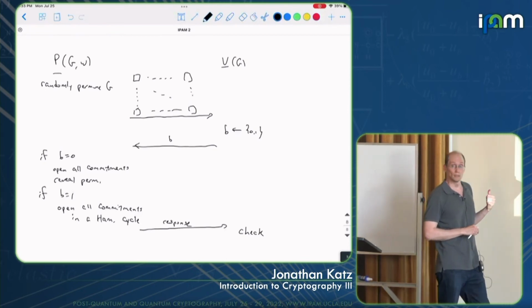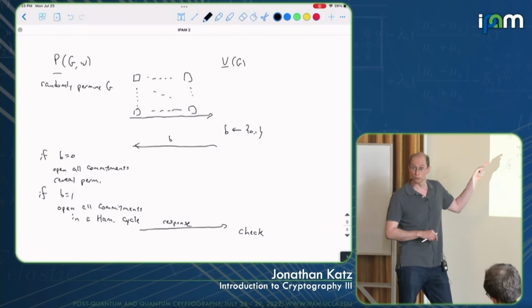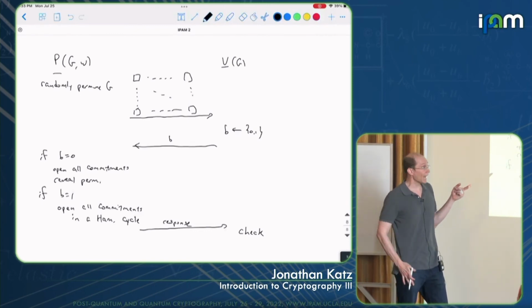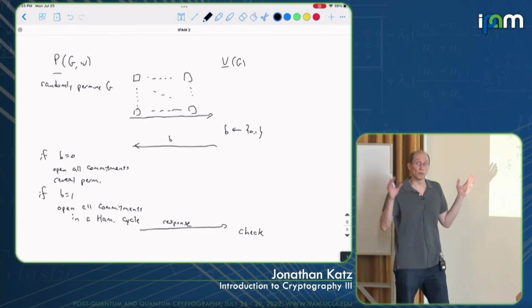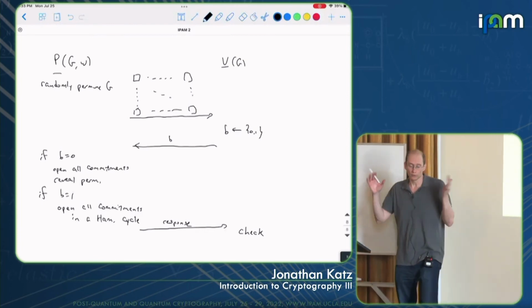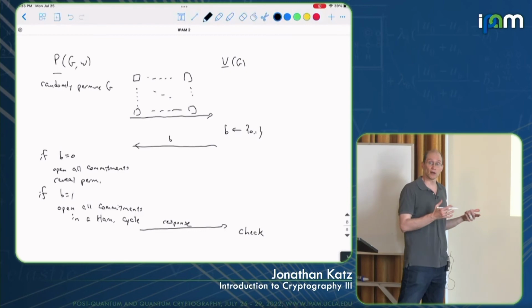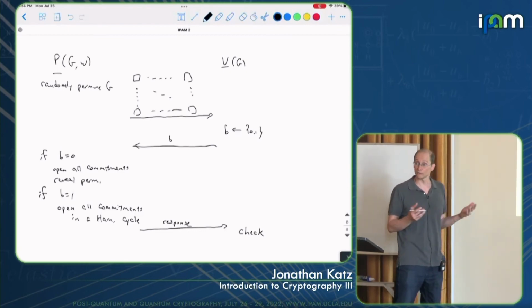Okay? Now, having said that, right, it is possible here for the prover to cheat with probability half. The prover can cheat with probability half by simply guessing in advance what the verifier's challenge is going to be. So let's assume that the graph does not have a Hamiltonian cycle, or the prover doesn't know one if there is one. So if the prover guesses that the verifier's challenge is going to be a 0, well, it'll just commit to a permuted copy of the graph, no problem, and then when it gets challenge 0, it can open everything up and everything's fine.